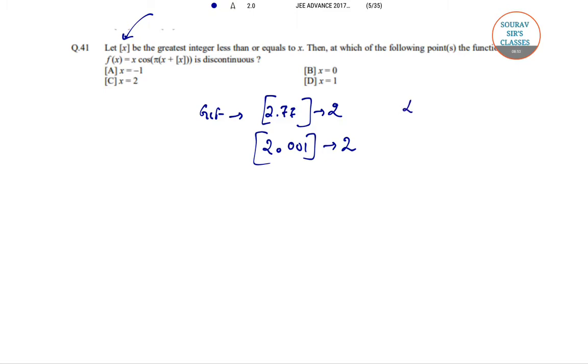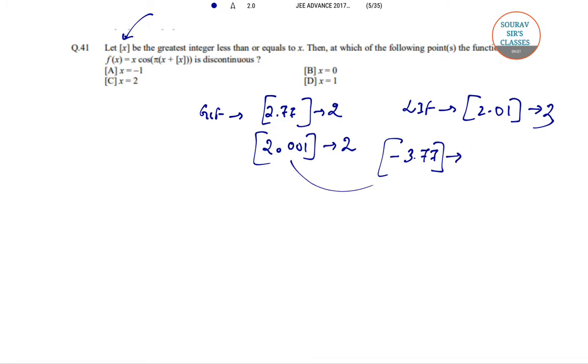LIF is just the opposite. If it is 2.01, we will take the very next, that is 3. In case of negative, what will happen? For -2.77, in the case of GIF, we will take -2, the next higher number.